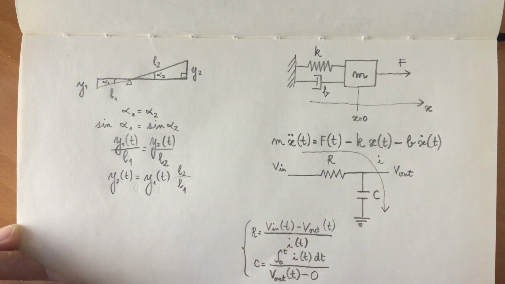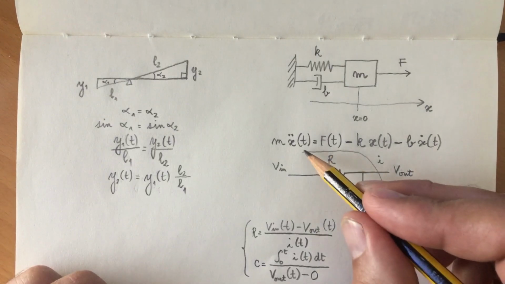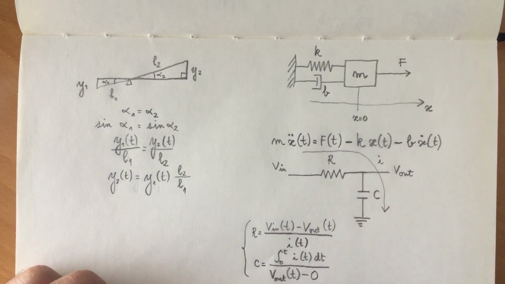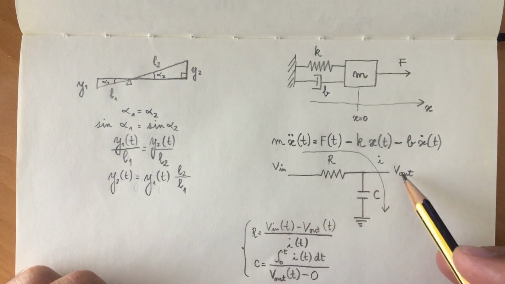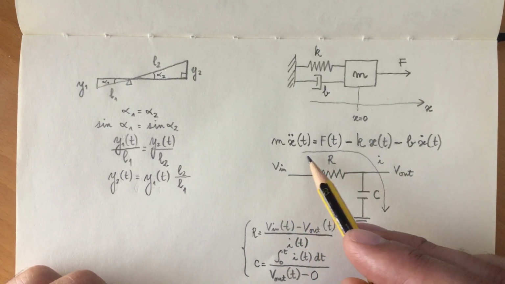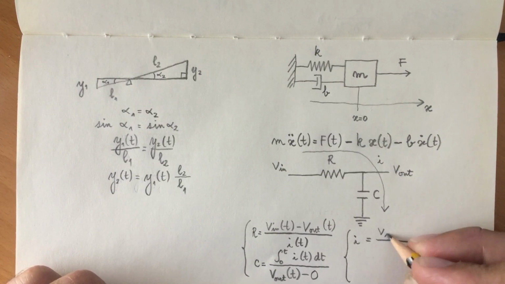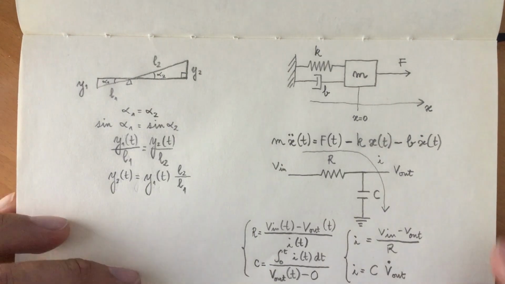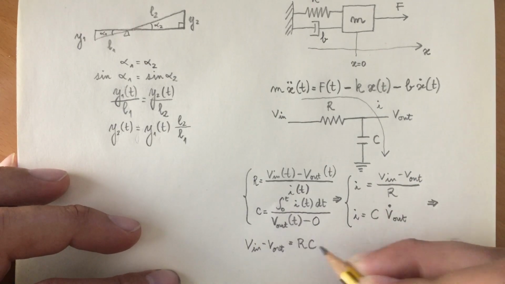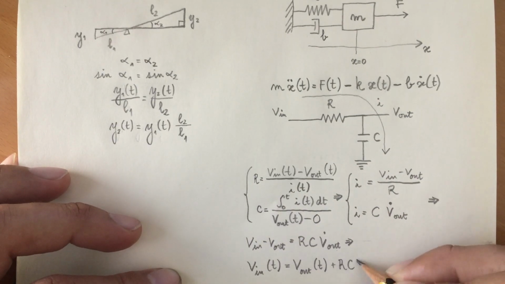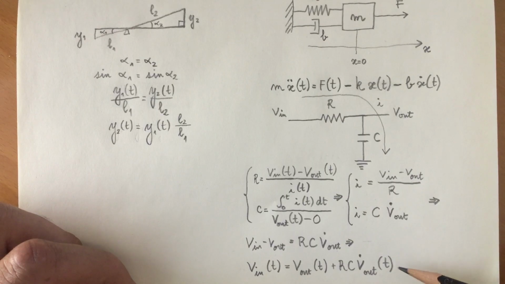We want to eliminate the current from these two equations, since we want to relate the input and the output without this needless variable. Again, we reach a differential equation modeling the system, and this differential equation is linear.